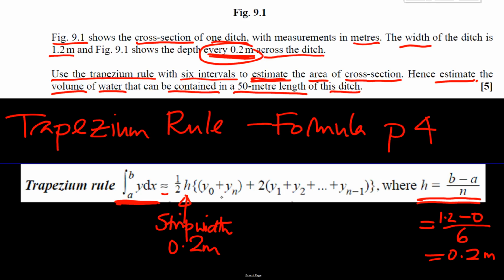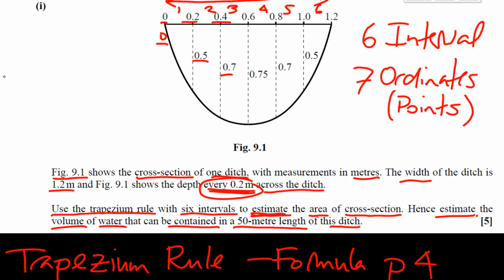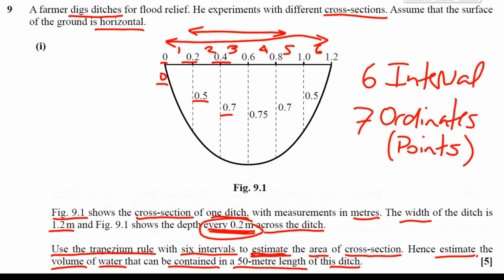Okay. And then inside the curly bracket here, for our 6 strips, this is our first point, our y0. And this one over here, because that was our 0, that's our y1, y2, y3, y4, y5 and y6.